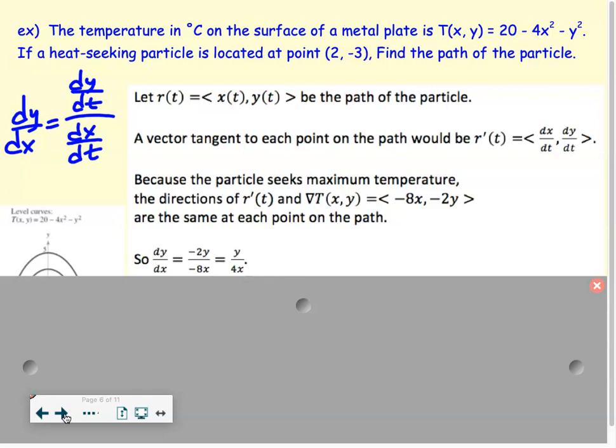All right, so we have this equation. I'm just rewriting it bigger. We have dy/dx equals y over 4x. What can I do with this equation? Oh, no, implicit differentiation.